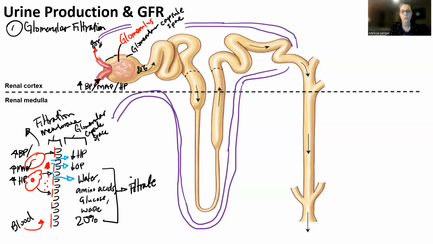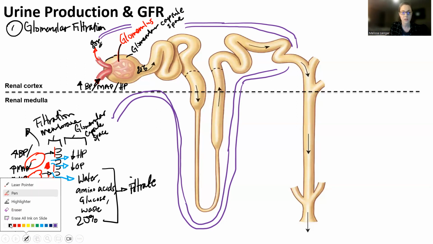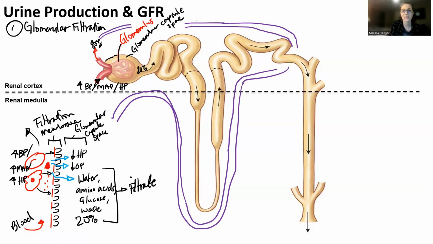So since I don't want to lose 20% of substances, now I have to do my second part of urine production, and that's called tubular reabsorption. But what I found is that is actually a really loaded word, tubular. So what I tell students is you kind of put parentheses here and put peritubular.